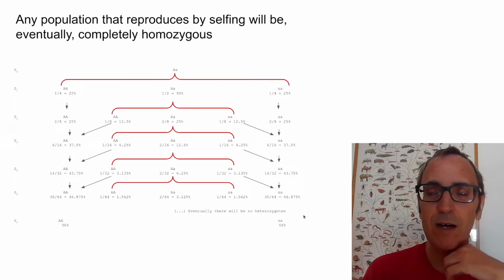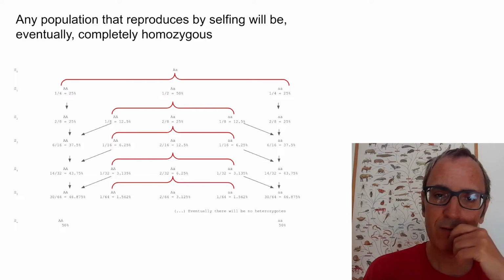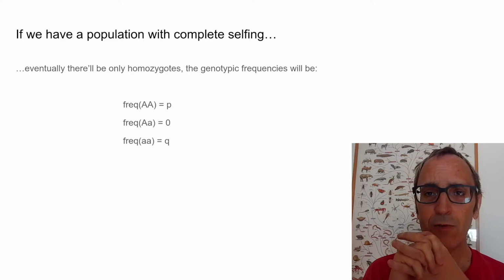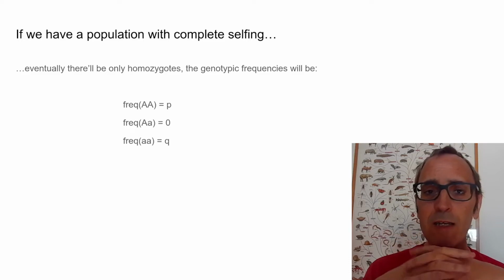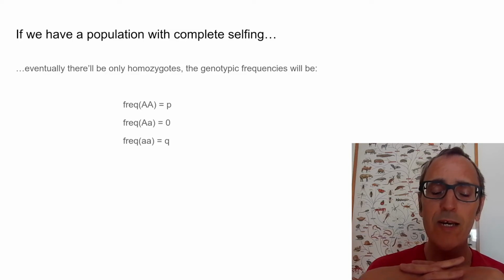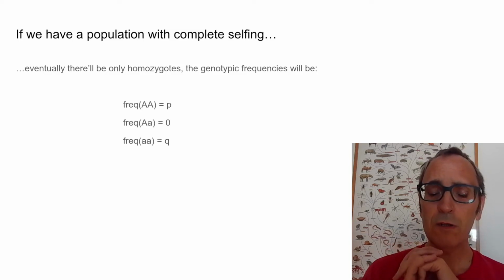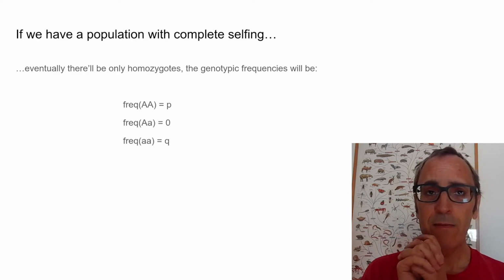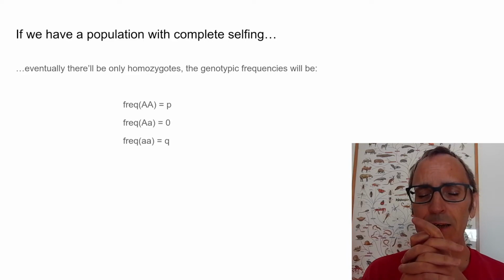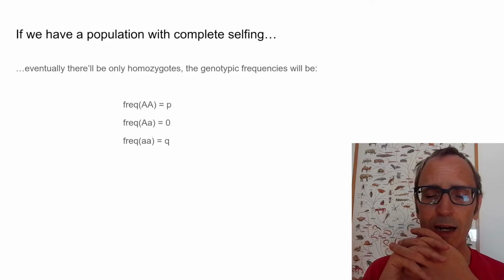So if we have a population with complete selfing, eventually there will be no heterozygosity at all. So again, we have a lack of heterozygosity when we compare with the Hardy-Weinberg expected genotypic frequencies. This is one of the cases in which Hardy-Weinberg is useful.